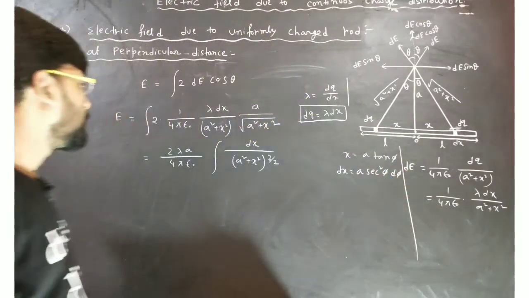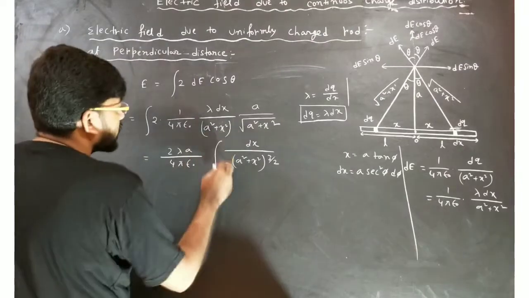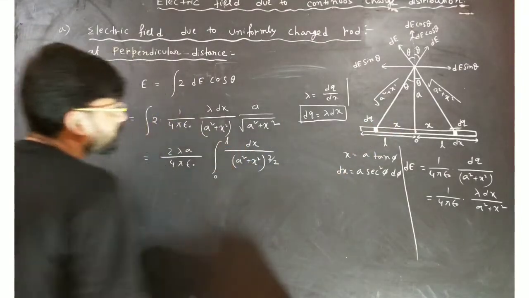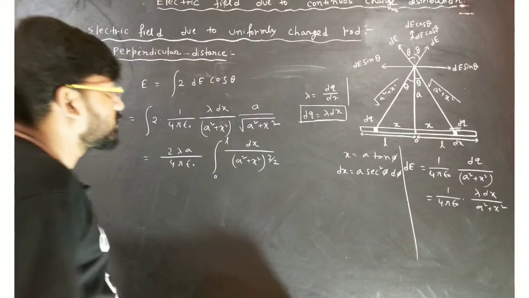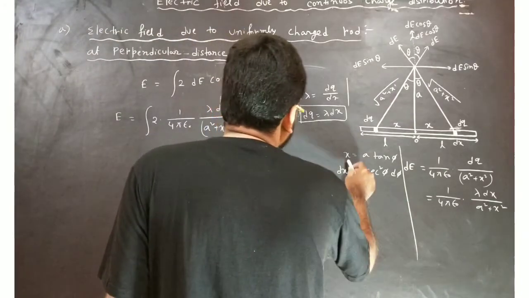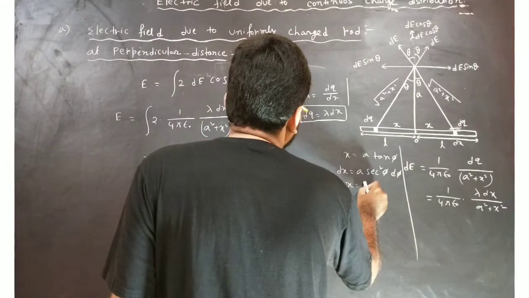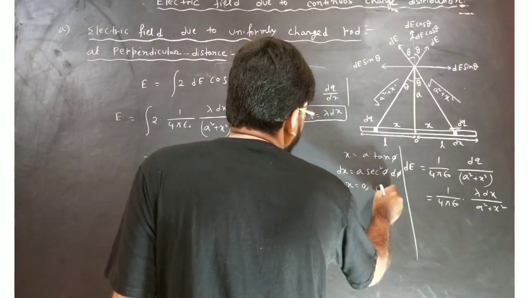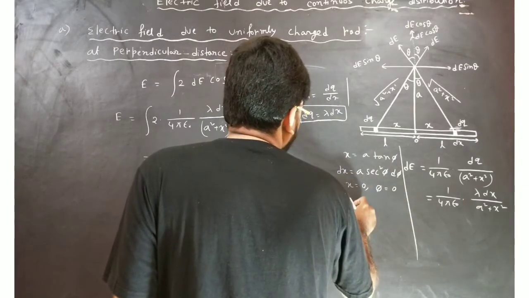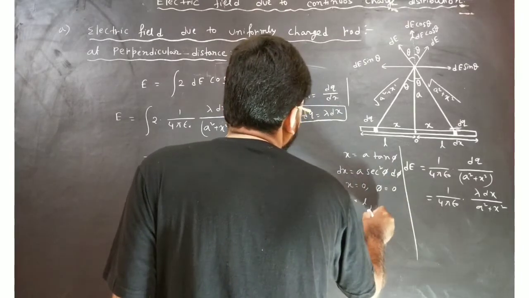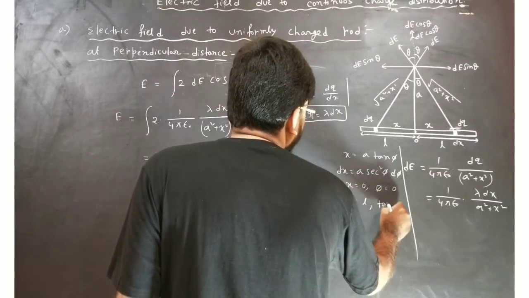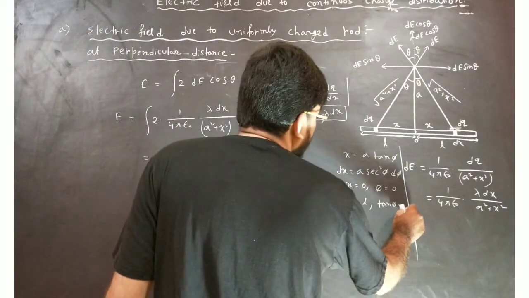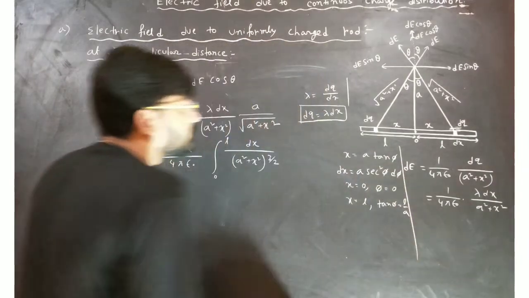Okay, let me put here, and here limit will be, for x, limit will be 0 to L. But for phi, when x will be 0, then phi will also be 0. But when x will be L, then tan phi will be L by a.